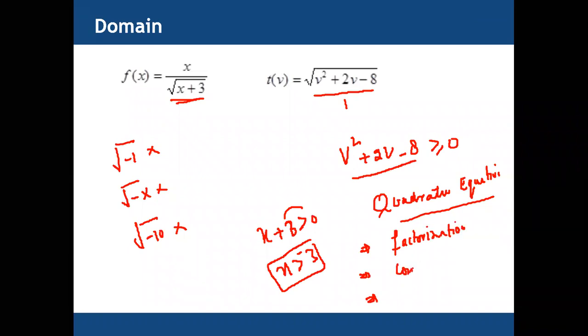Second one is completing the square. And third one is by formula, the quadratic formula. Three methods are possible: factorization, completing the square, and the quadratic formula.